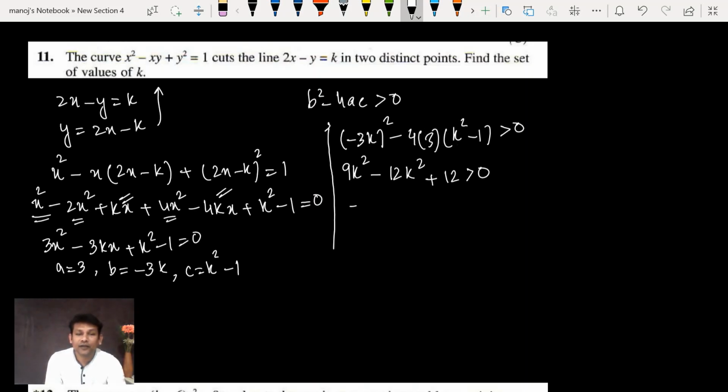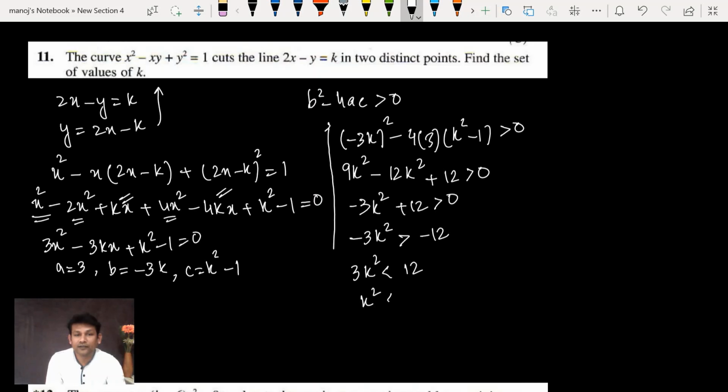Minus 12k square and 9k square becomes minus 3k square plus 12 greater than 0, so minus 3k square greater than minus 12. We cannot cancel this negative sign. Be careful when you change the sign: 3k square you will make it less than 12.